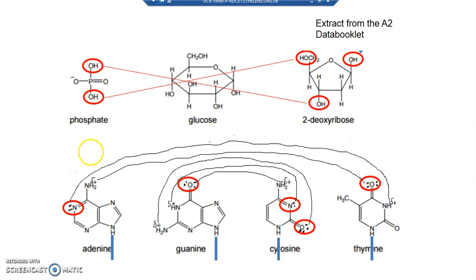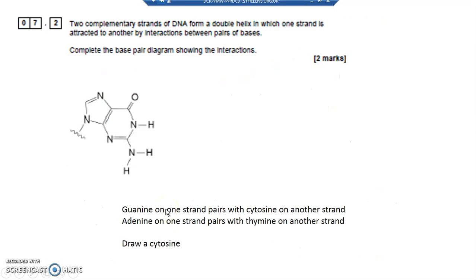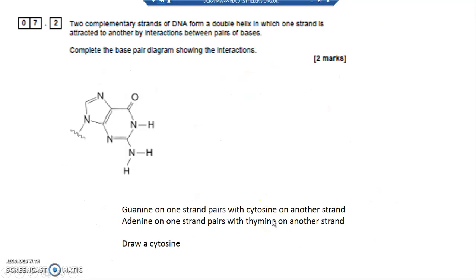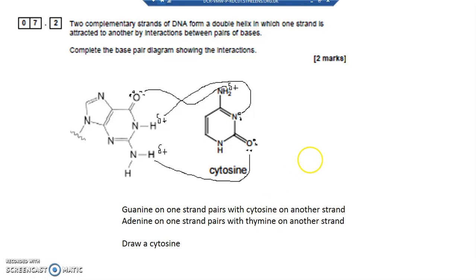I can identify it here as guanine from my O, NH, NH2, N. It's slightly turned round in this picture here, but that's guanine. So what will guanine link with? It will link with cytosine. So what I do is I draw a cytosine alongside.